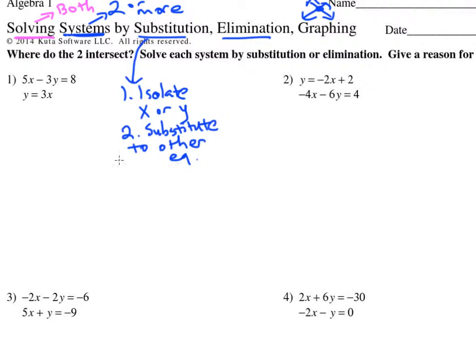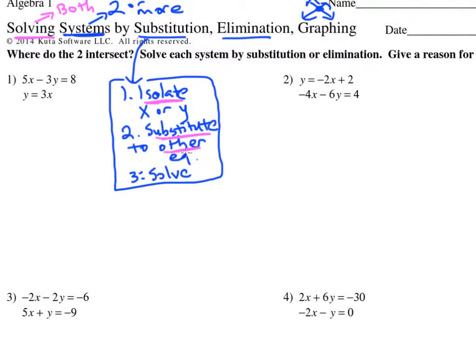Isolate, substitute to the other equation, and then step 3, solve. So let's box that up here. Substitution, you want to isolate x or y, substitute into the other equation, and then solve. The key thing is if you can isolate really easily, go with substitution.